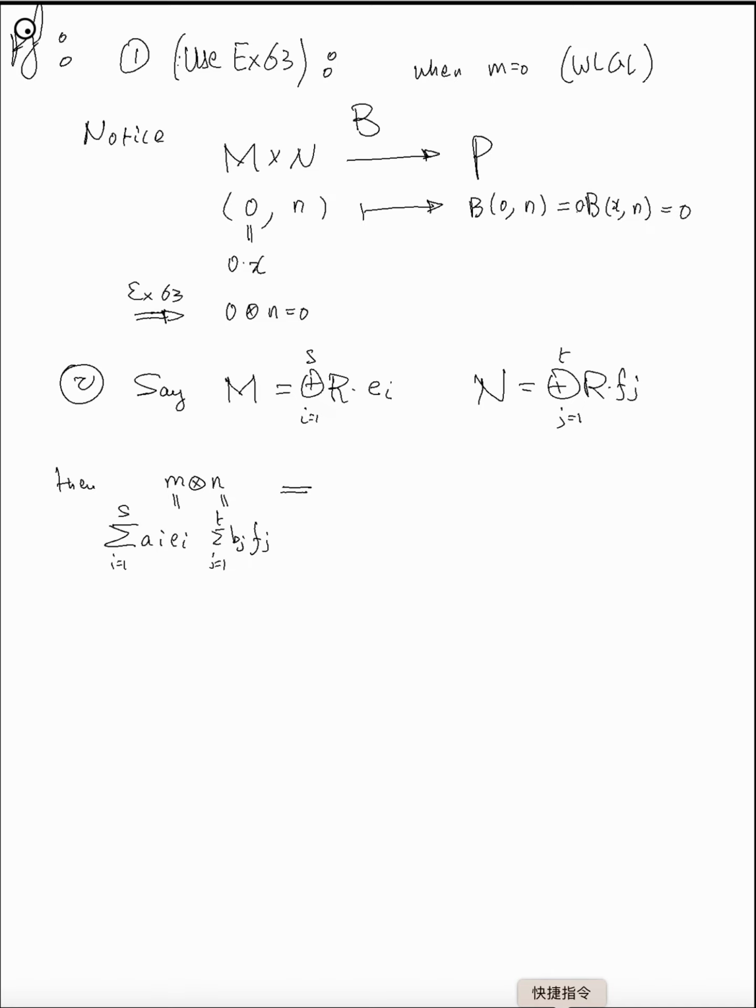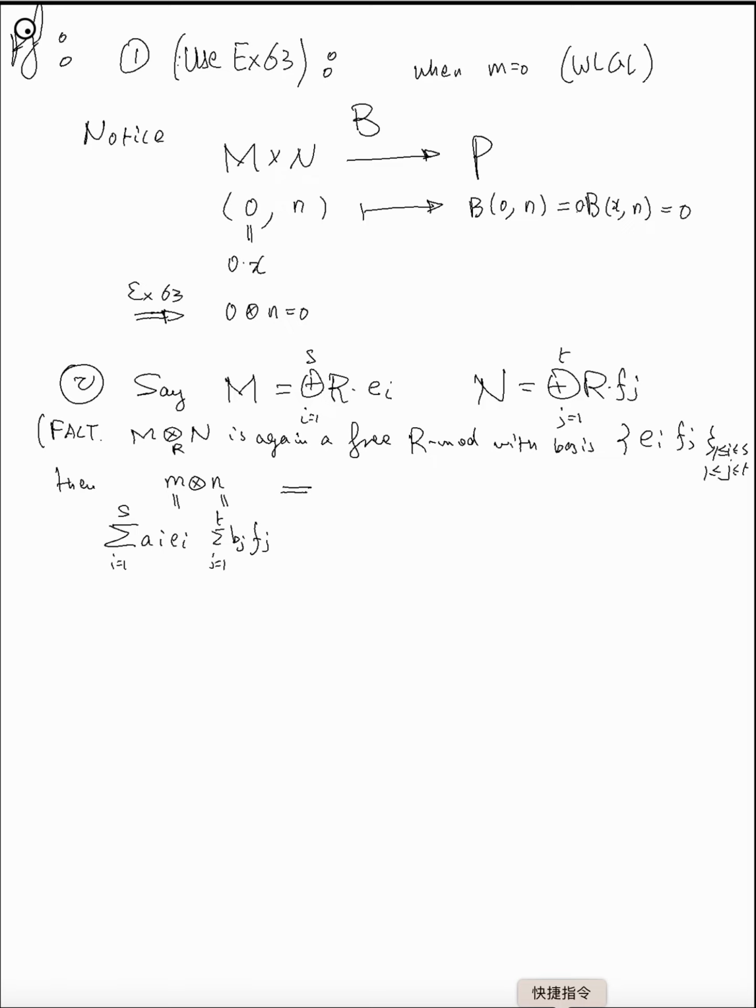Then let's say an element of M tensor N over R is again a free R module, but with the basis e_i tensor f_j, i going through 1 to s, j going through 1 to t.